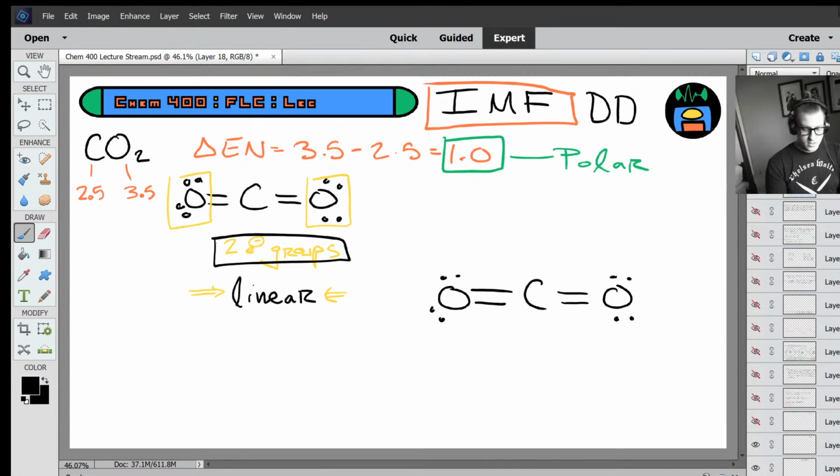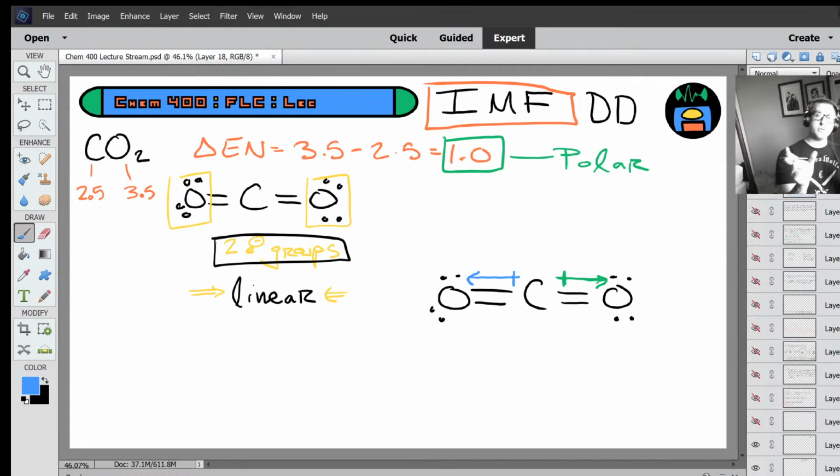Now, oxygen's more electronegative than carbon, right? So one of these dipoles along the bond has the positive end on carbon, the negative end on oxygen, like so. The problem is the other dipole has the positive end on carbon, but the negative end on the other oxygen.